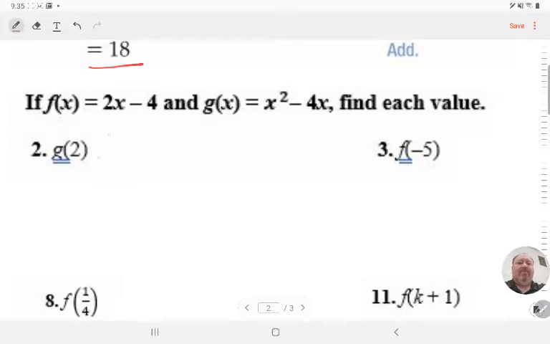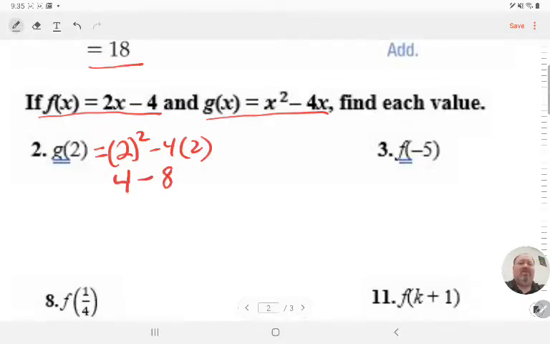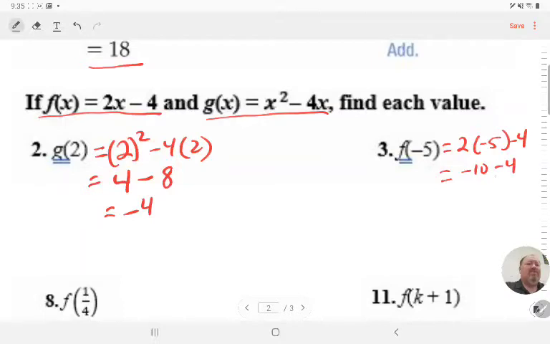So in the first one, we have two functions here, and it depends on which one they're looking for. So in the first one, this would equal 2 squared minus 4 times 2, because everywhere there's an x, it's put in. And then that would be 4 minus 8, or negative 4. Okay? On this one, it would be 2 times negative 5 minus 4, or negative 10 minus 4, or negative 14.